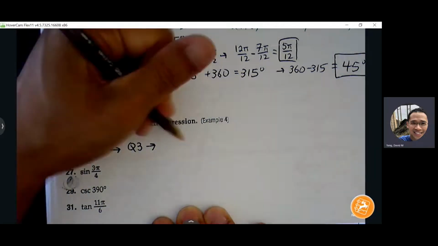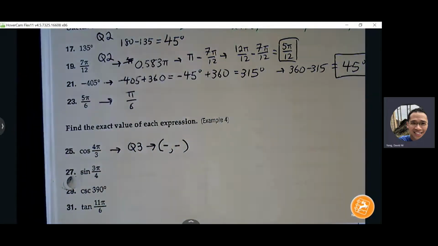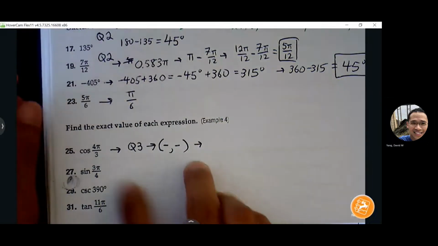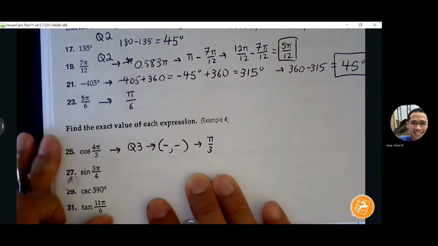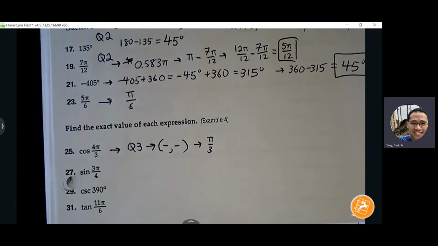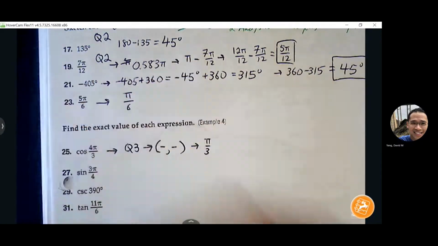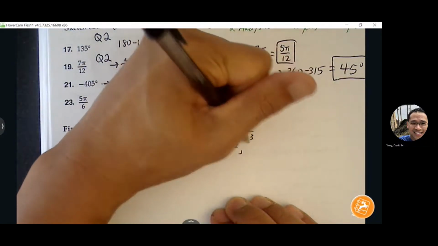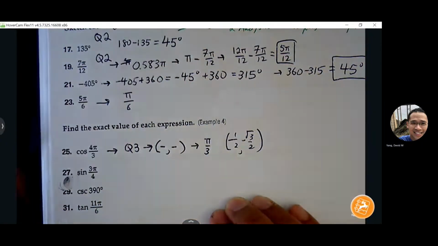Quadrant 3. Dealing with a negative, negative. Pi over 3 is my reference angle. Pi over 3, index finger, 1. Negative.